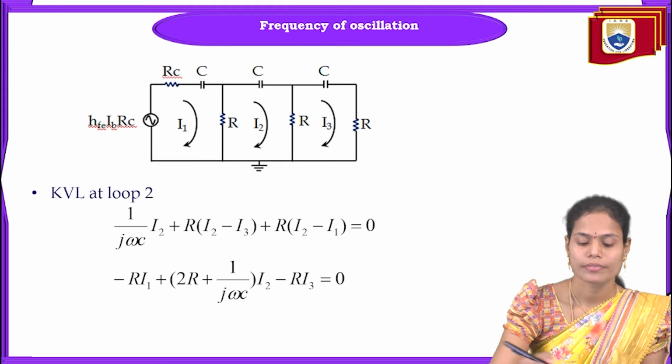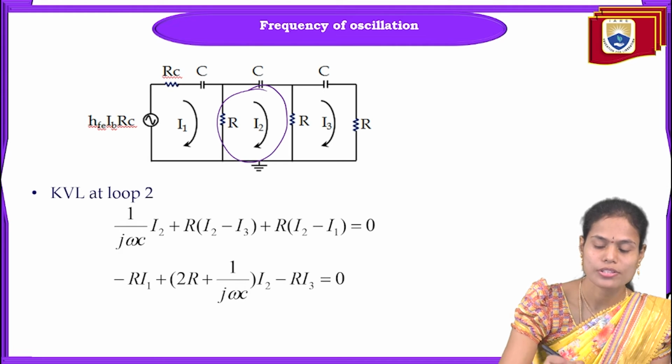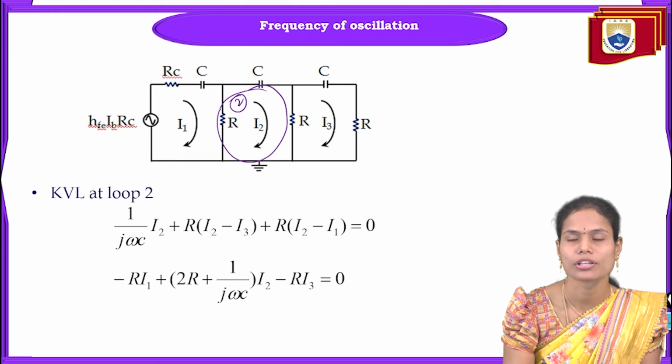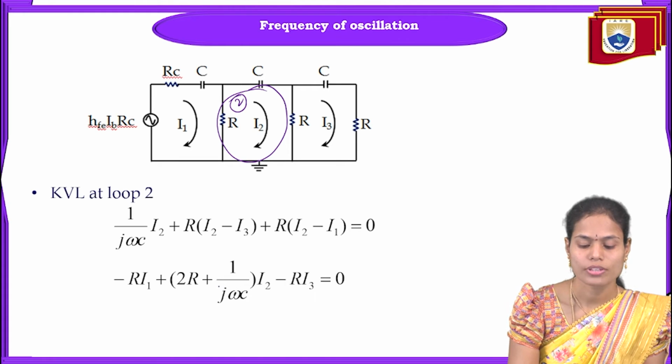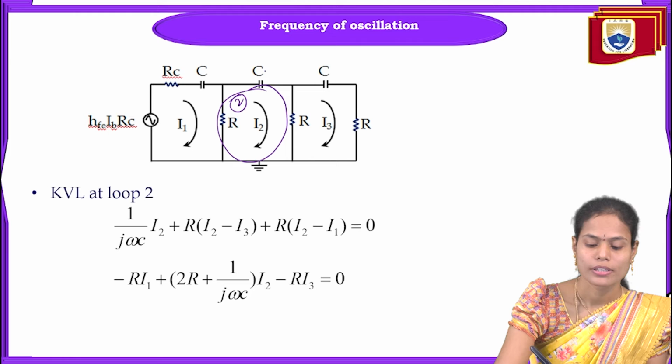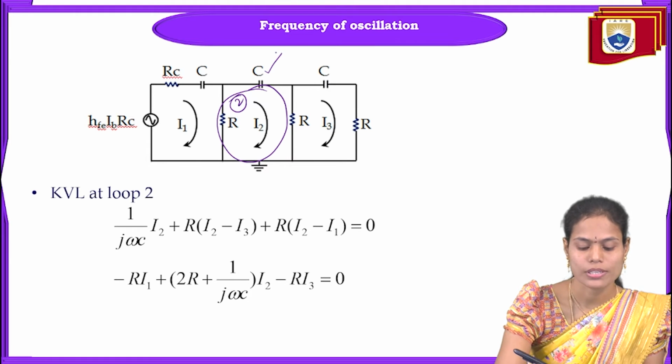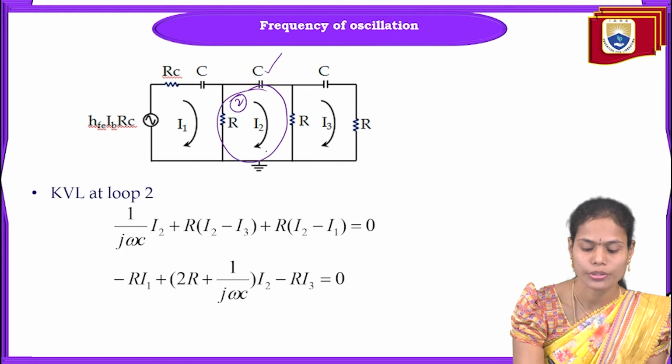And similarly, take the second loop. I am considering the same circuit. In that I am taking the second loop and I am applying the KVL to the second loop. So if you apply the KVL to the second loop, in this particular capacitor, the drop is 1 by j omega C into I2.